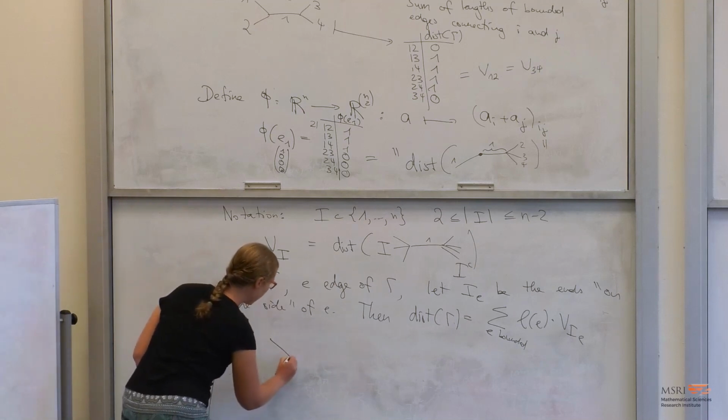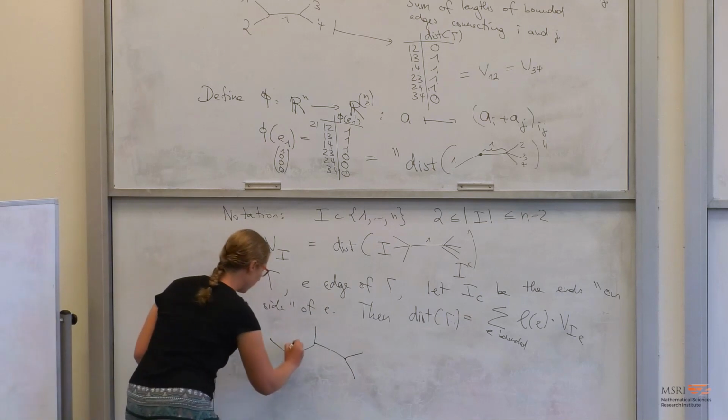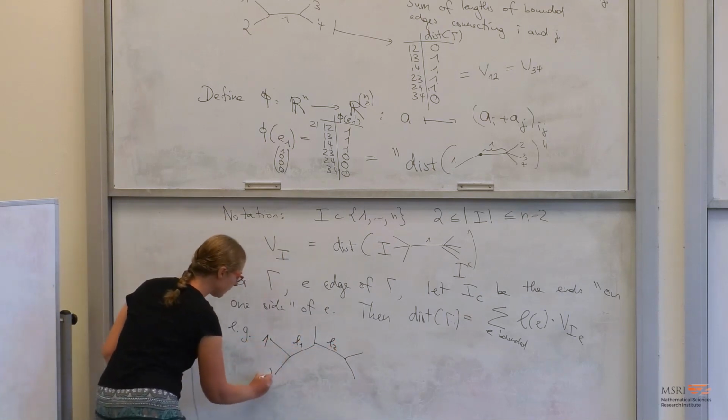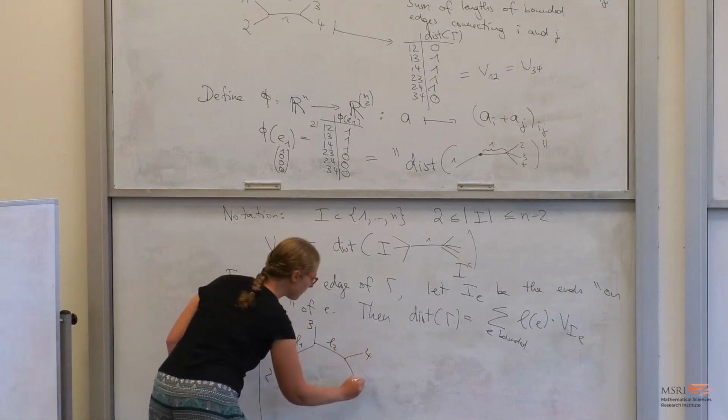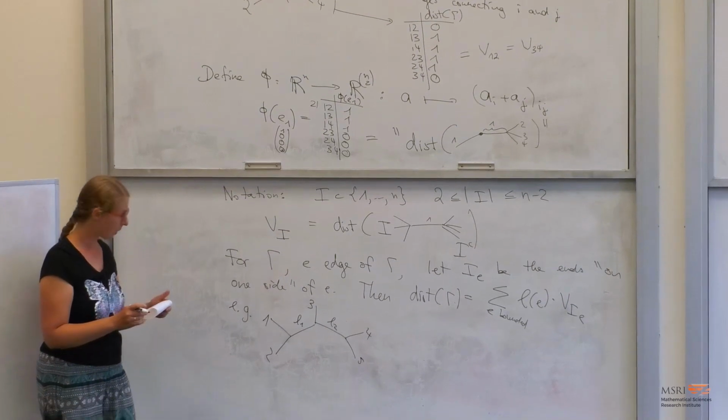So let's look at one combinatorial type, or one tropical curve, I should say, in M05, markings 1, 2, 3, 4, 5, and 2 lengths for my bounded edges L1 and L2.